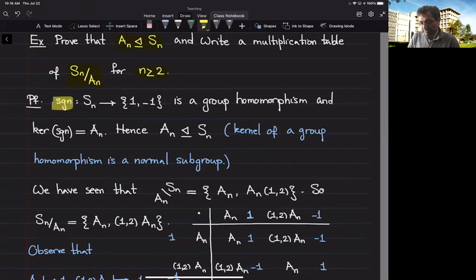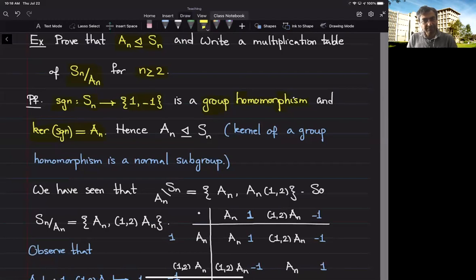Remember, we have this sign function from the symmetric group to the group consisting of only two elements, 1 and -1, under multiplication. And we assigned 1 to even permutations and -1 to odd permutations. And we discussed that this sign function is a homomorphism, and the way that we defined it implies that the kernel of the sign function is precisely the alternating group.